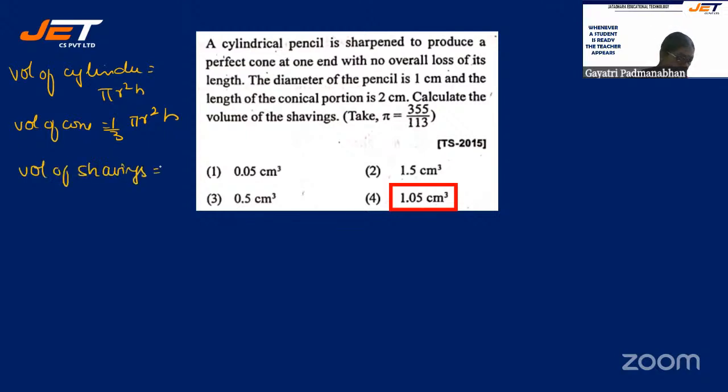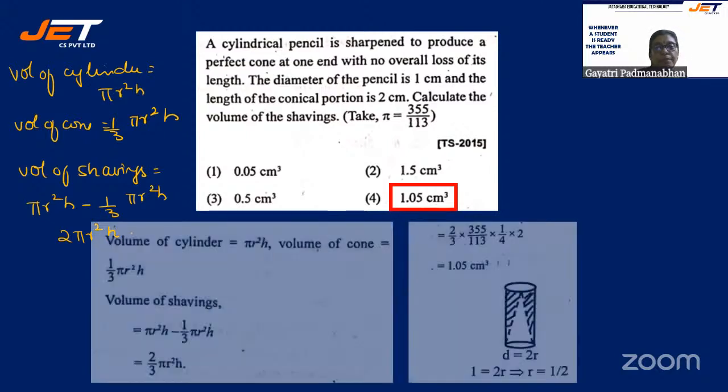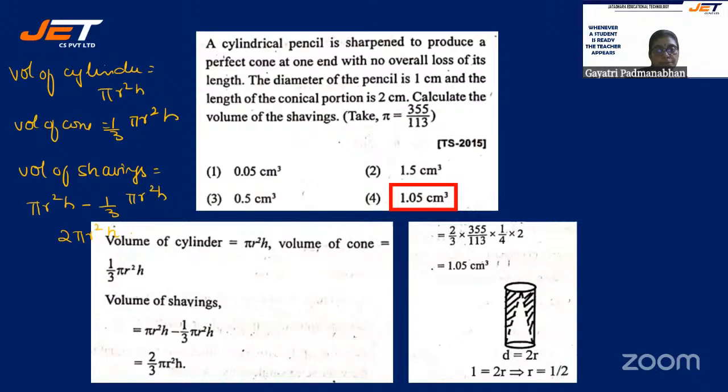It is nothing but pi r square h minus 1 by 3 pi r square h. You can take LCM, 3 ones are 3 minus 1 is 2, so 2 by 3 pi r square h.